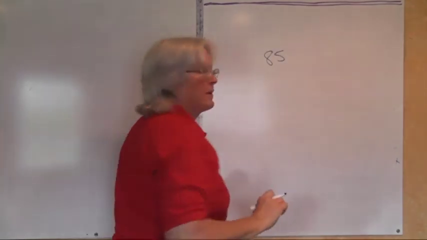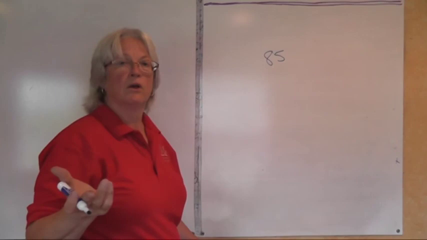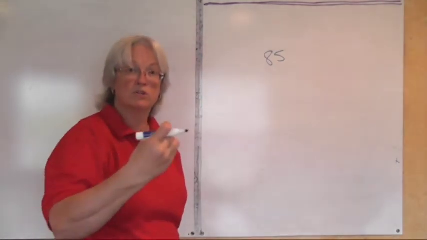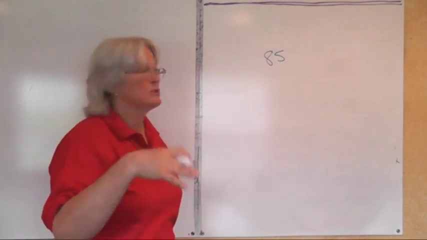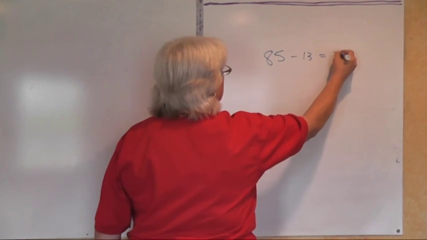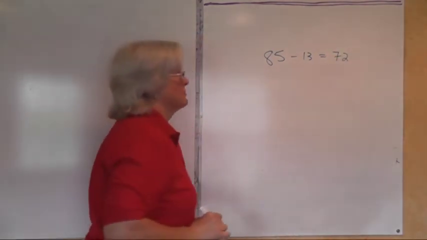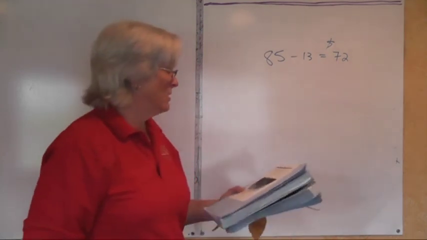And we want to find out how much money he's going to have if he spends $13. What happens when you spend money? The amount in your pocket decreases, it goes down. It's subtraction. So how much does he have if he spends $13? That's a subtraction problem. He's going to have $72.